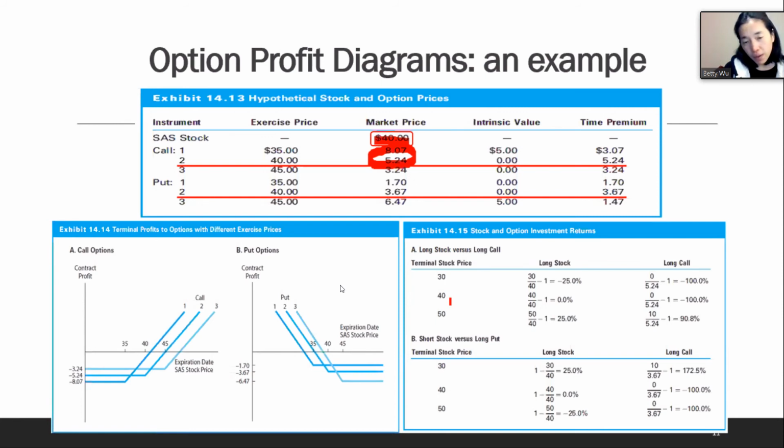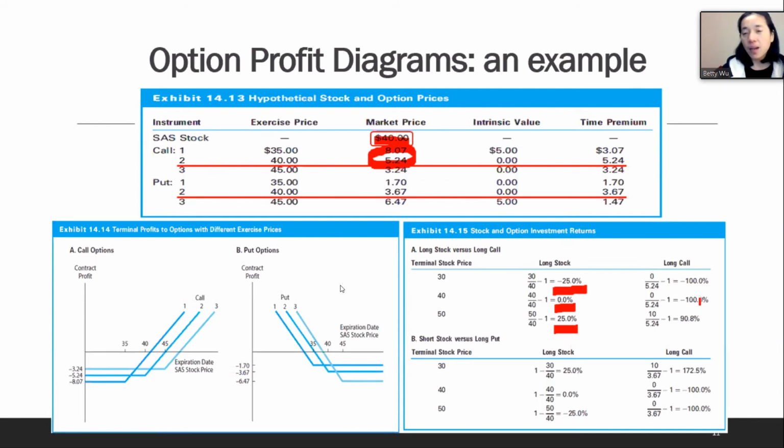Then tomorrow there are 3 different scenarios: lower price, equal price, higher price, and you can calculate your return depending on the scenario. You can expect your returns to be between minus 25% and 25%, depending on how the price changes.